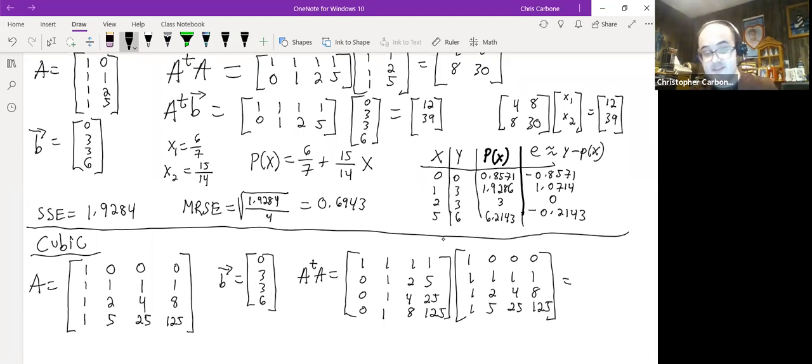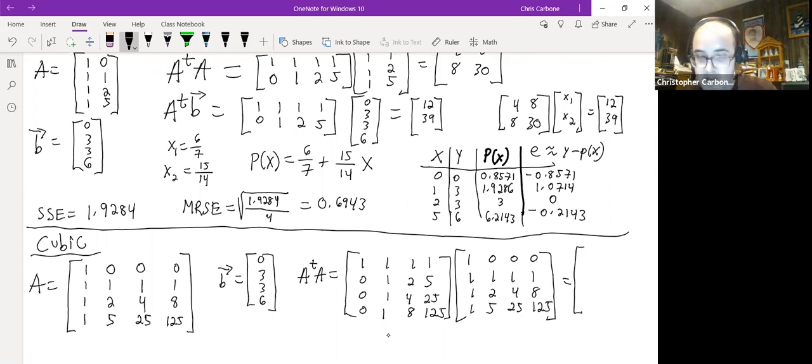Again, as you could probably expect by just looking at those numbers, we are not going to get small numbers when we go through this calculation. I could definitely attest to that. But here we have a 4x4 matrix times another 4x4 matrix. This is, of course, going to give us a 4x4 matrix.